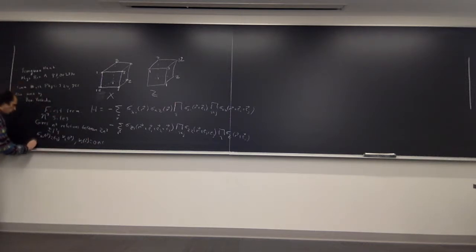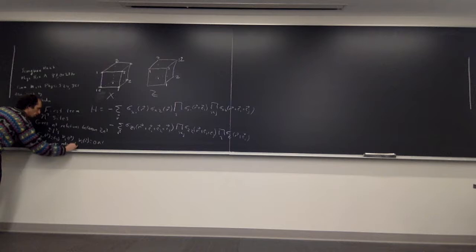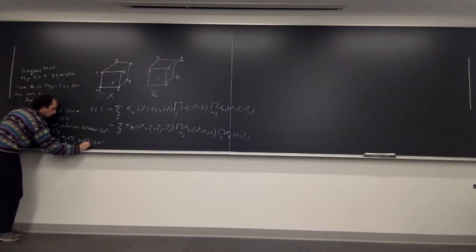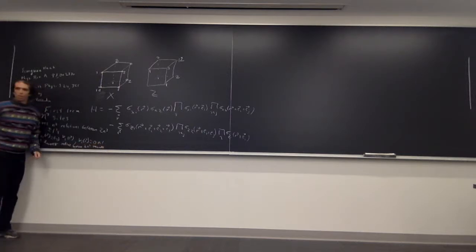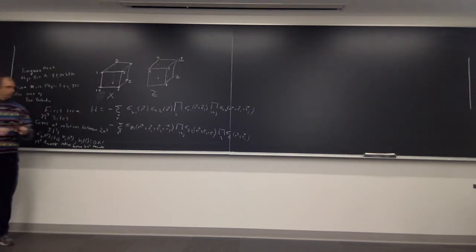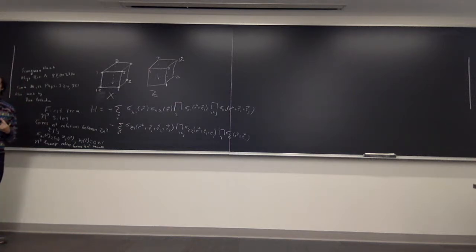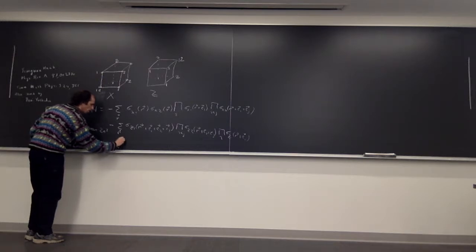And I have n cubed linear relations between 2n cubed variables. So if they're independent relations, I should have an n cubed dimensional solution. Or in other words, I have n cubed unconstrained variables. But each unconstrained variable, since it's only modulo 2, has two possible values. So that implies there's about 2 to the n cubed solutions.